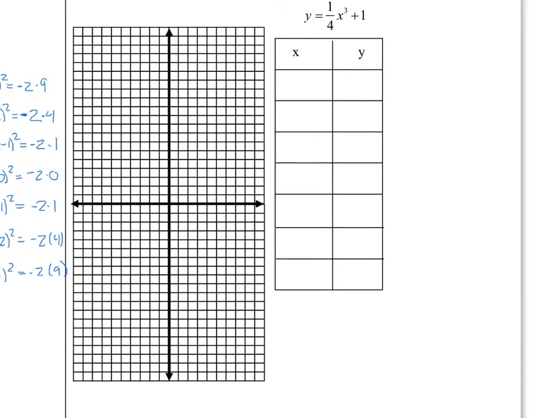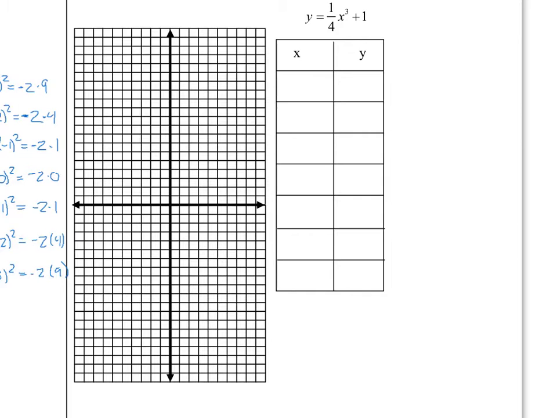All right, next one. Y equals 1/4 x cubed plus 1. For the sake of making the numbers come out a little bit more evenly, I'm going to pick negative 4, negative 2, negative 1, 0, 1, 2, and 4.